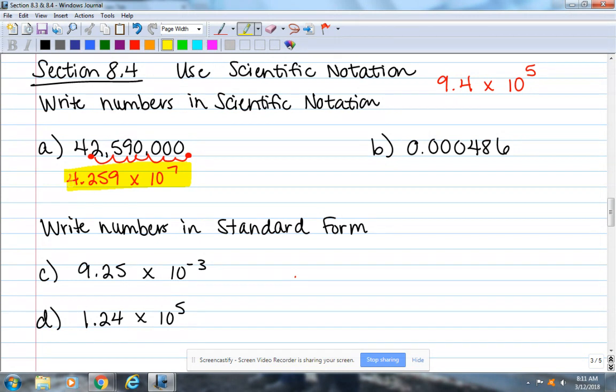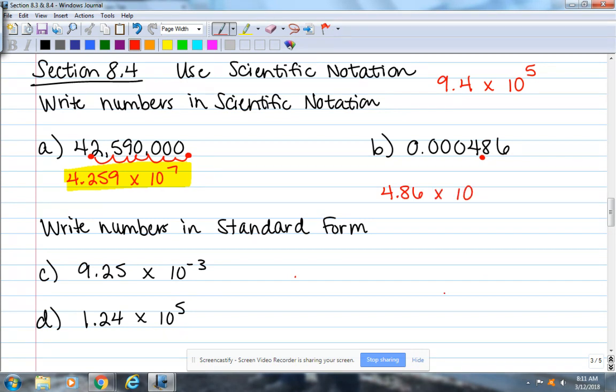Okay, so the next one is a decimal that is smaller than 1 to start with, and we're going to write it in scientific notation. So where are we moving the decimal to? Between the 4 and the 8. We want 1 digit to the left of the decimal. So that's going to be 4.86 times 10 to a power.